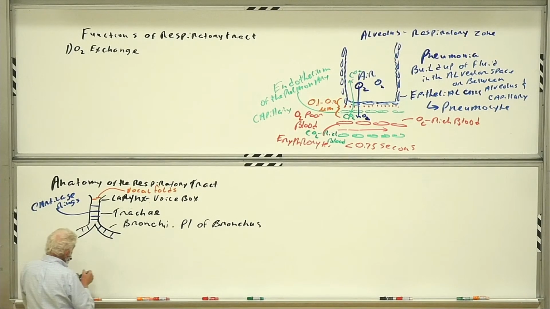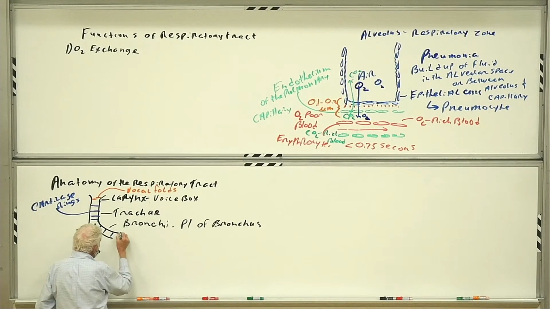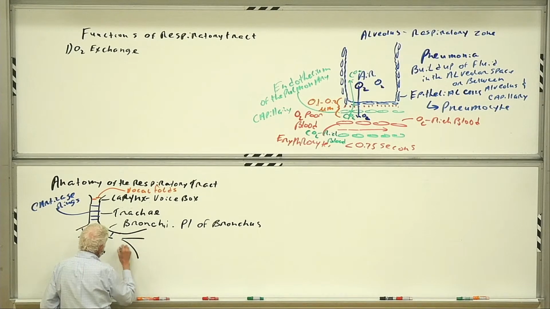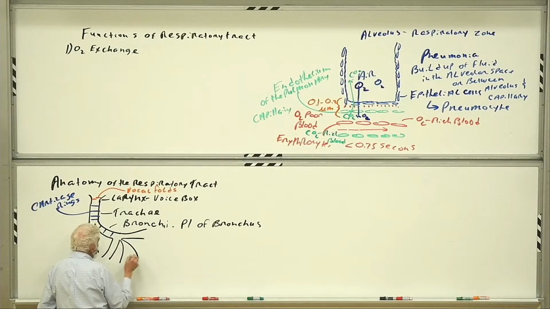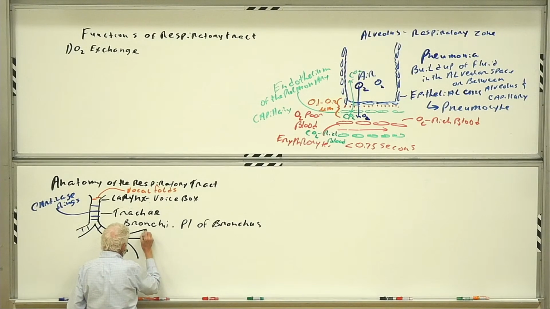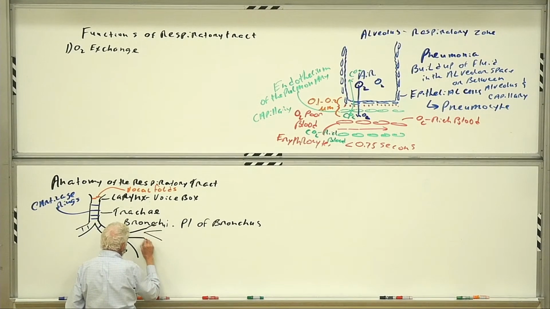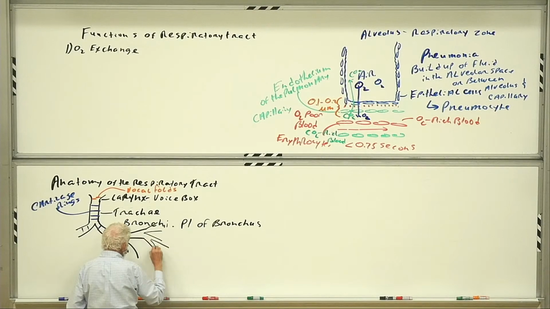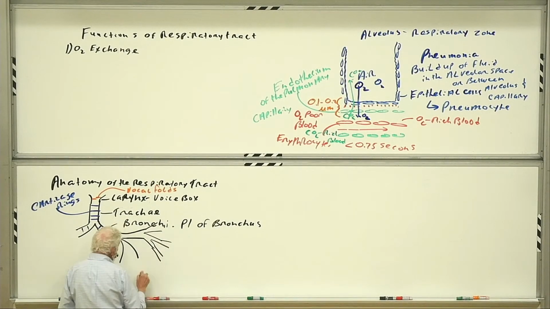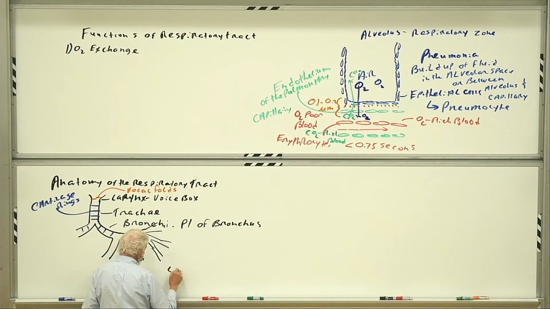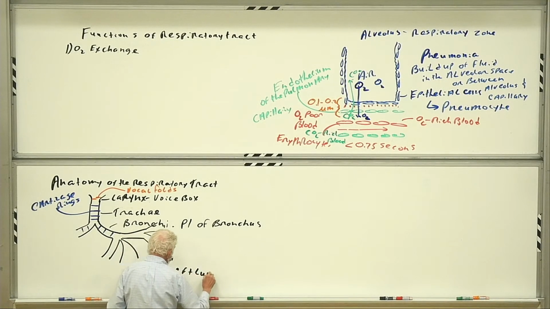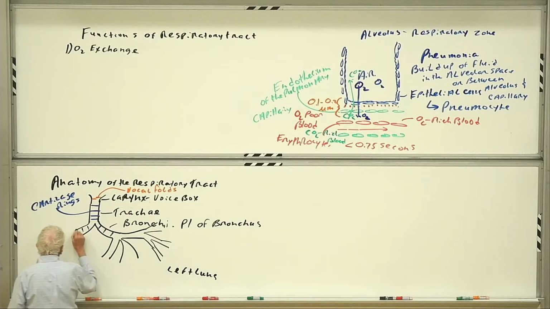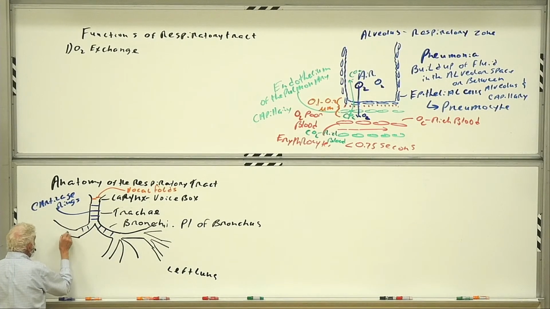But these bronchi then branch and branch and branch. There's a tremendous amount of branching here. Each of these tubes branches over and over and over again. One set leads to the left lung, and the other then will lead off to the right lung.